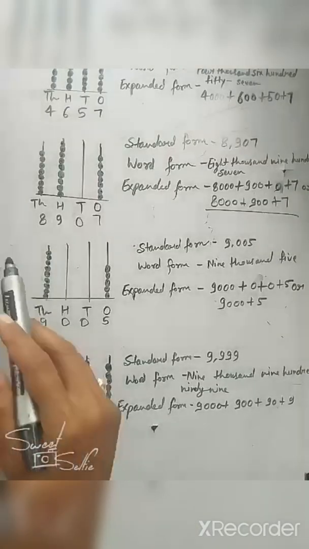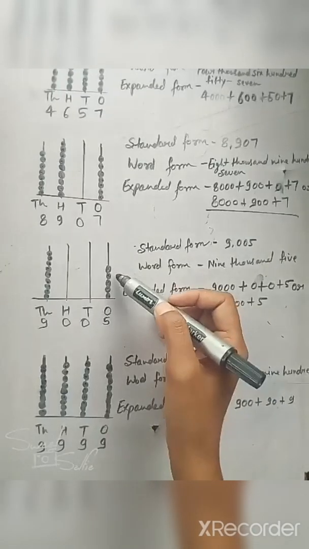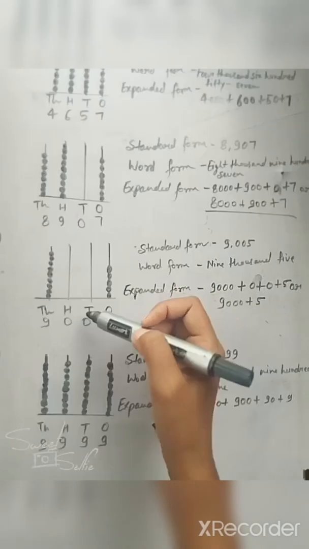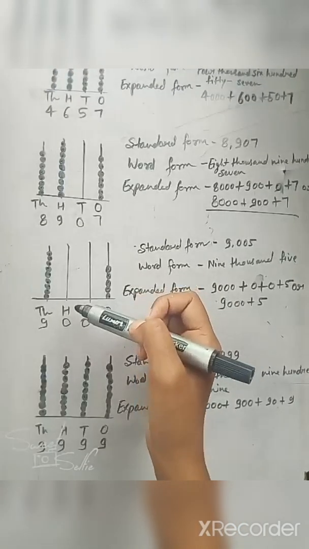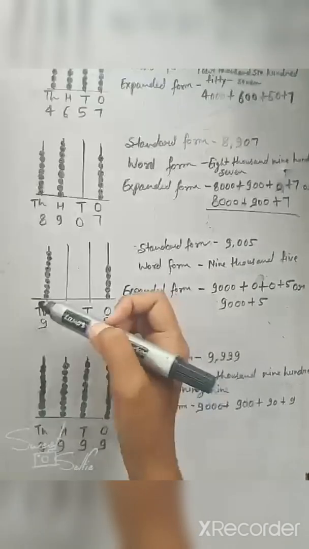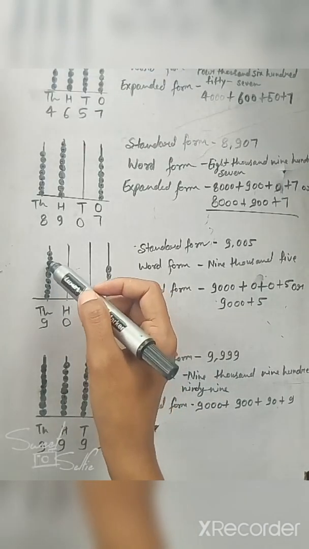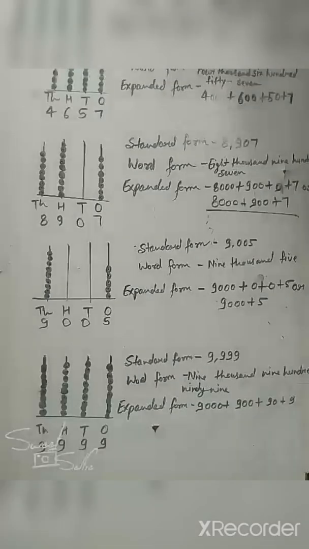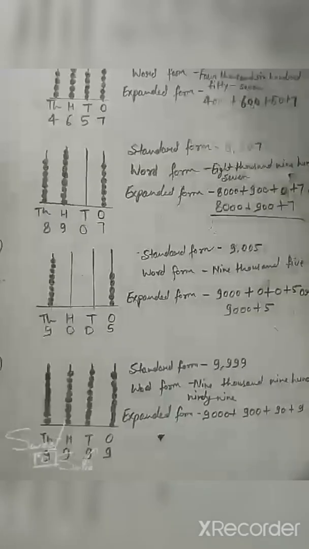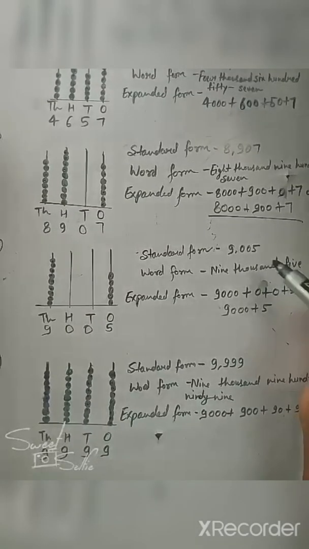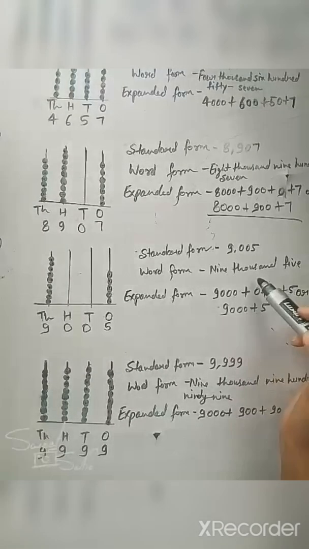Look at F. In F there are 5 beads at ones place, and at tens place there are no beads. Again at 100 place there are no beads, and at 1000 place there are 9 beads: 1, 2, 3, 4, 5, 6, 7, 8 and 9. So in standard form we will write 9005, and in word form 9005.